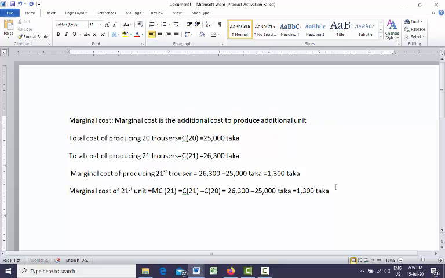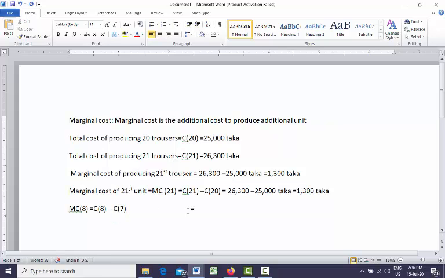Similarly, if you want to find the marginal cost of producing the 8th unit, you need to find the total cost of producing 8 units minus the total cost of producing 7 units. You need to use this formula.